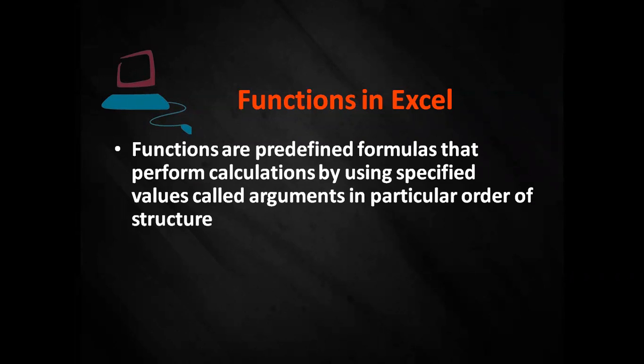So last time we already learned what is formula. So what are functions? These are predefined formulas, meaning already set up, pre-decided or pre-structured formulas are called functions. And these are used to perform any type of calculation.